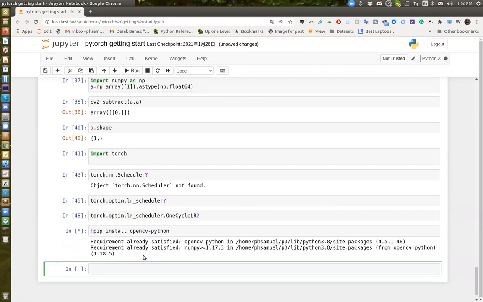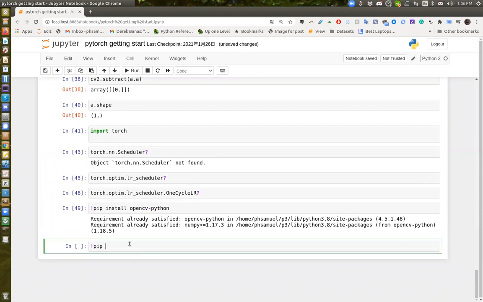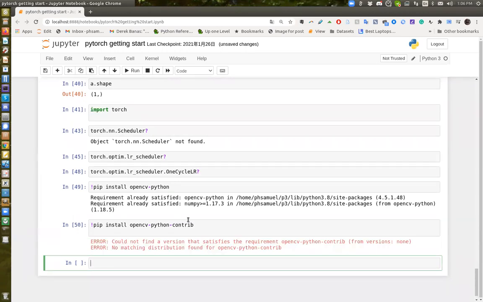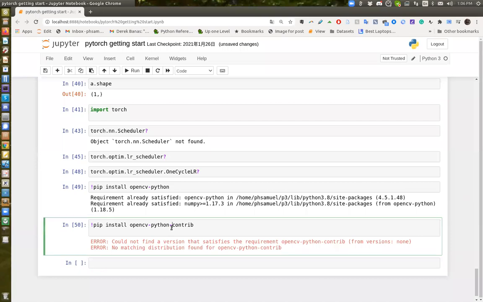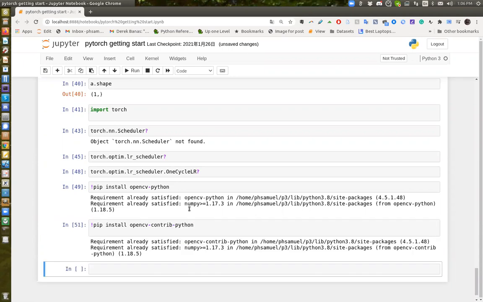If you want to use SIFT, you should install the contrib package, OpenCV contrib Python.